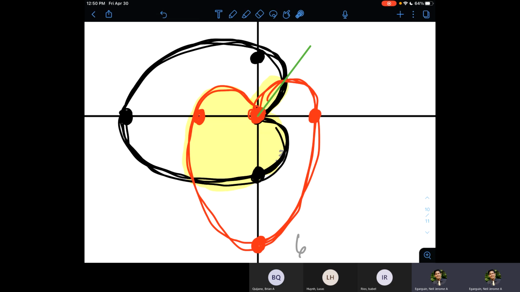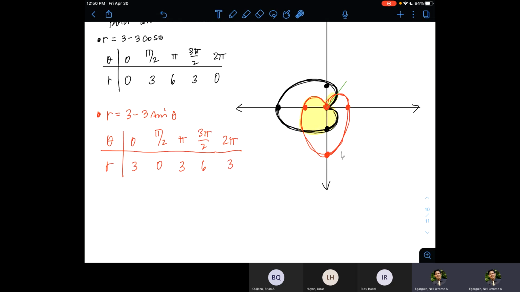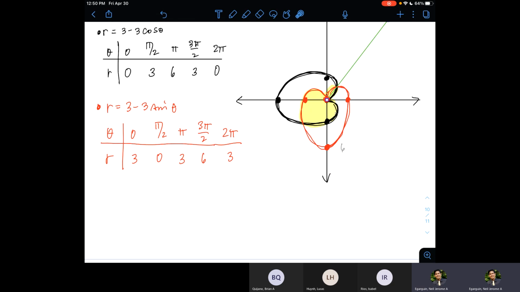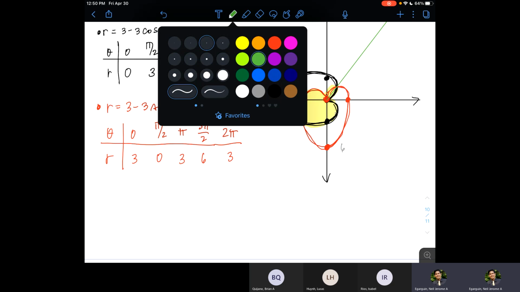So I'll start at theta equals 0 until the point of intersection. And for that, I will integrate the black curve and then multiply the answer by 2 because this guy has the same area as this one. All right.